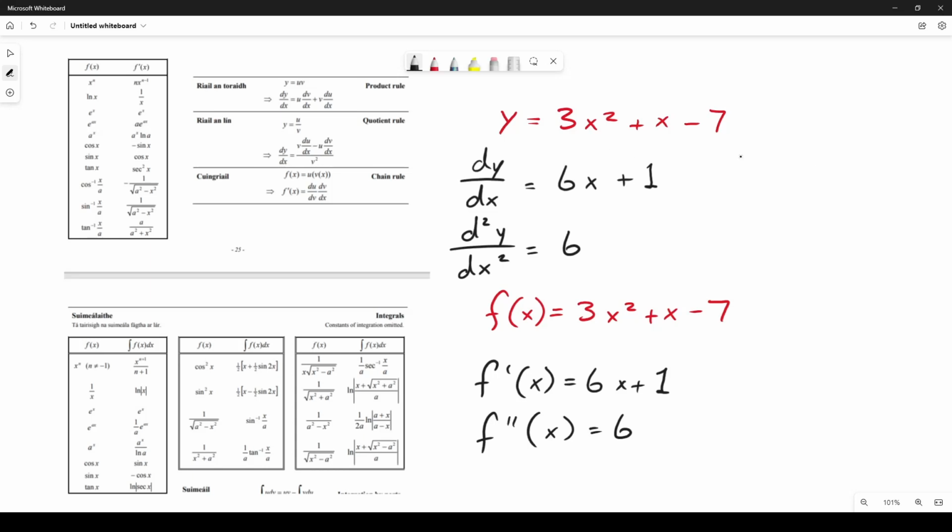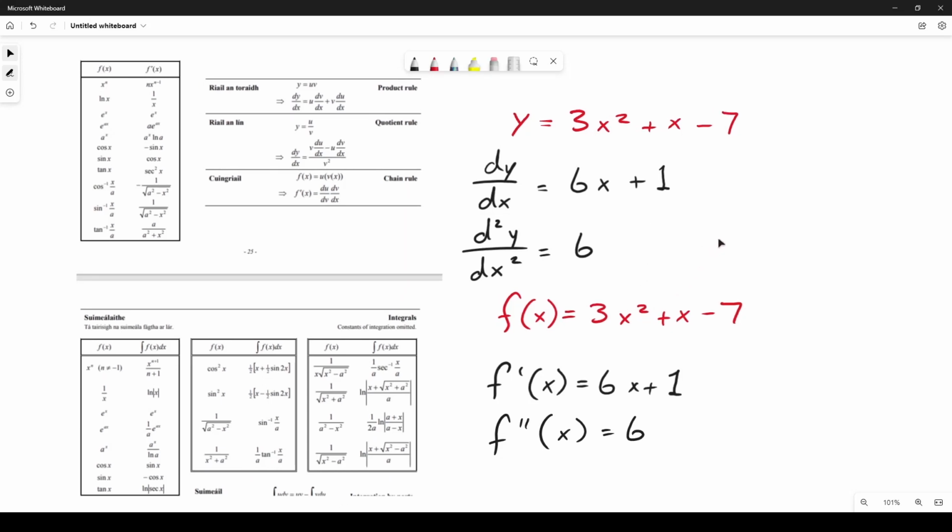What I did to get from one stage of differentiation to the next, and this is as far as it goes in ordinary level, is exactly what is up here. It's on the top left of the box on page 25 of the log tables, where it tells you that if you start with x to the power of n, when you differentiate it, it becomes nx to the power of n minus 1.